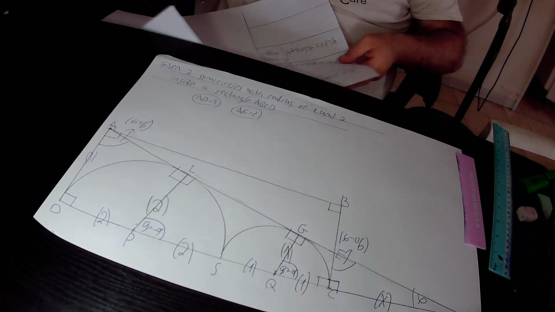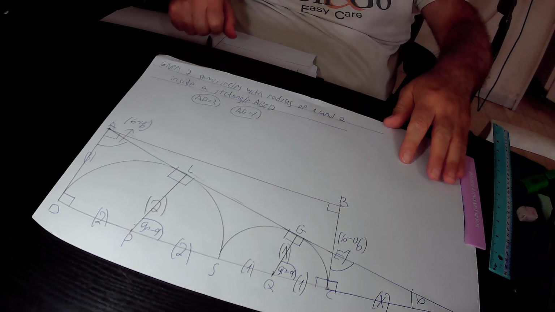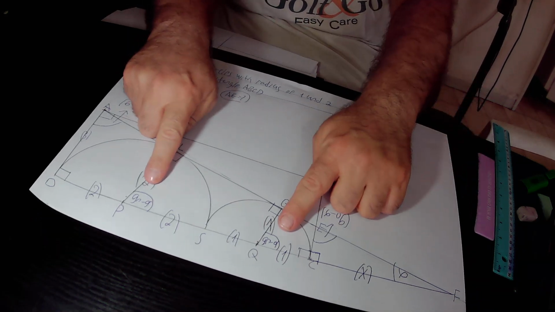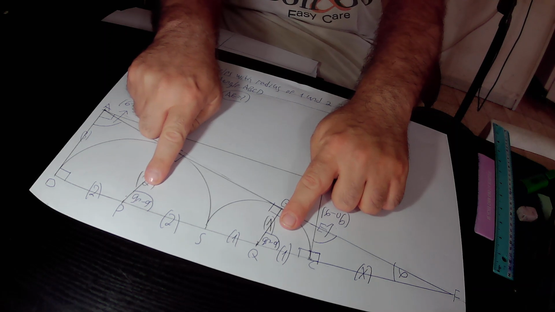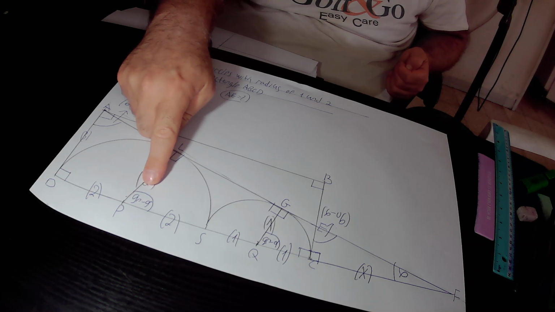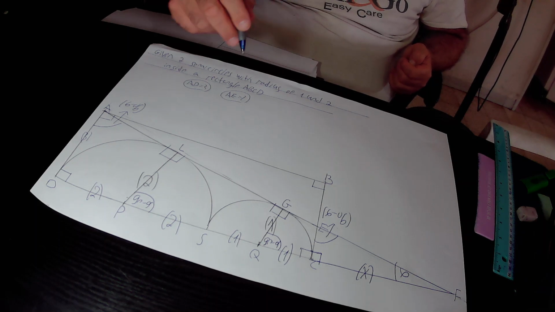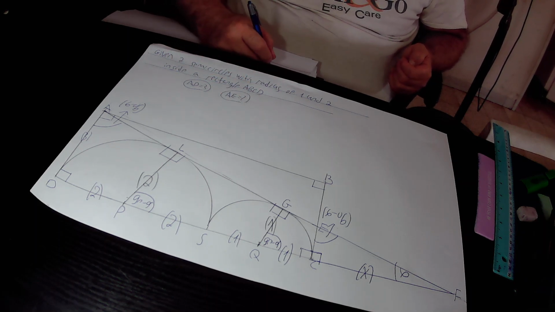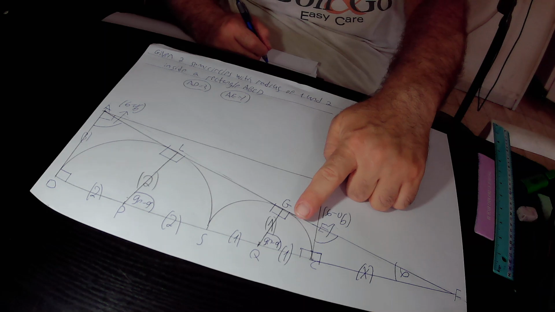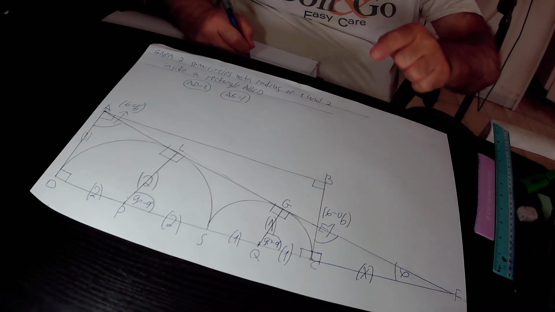And finally, those two angles, they are both equal to 90 degrees minus alpha, therefore they are equal to each other. So actually, this is angle LPF in the big right triangle LFP, and it is equal to this angle, that is actually angle GQF in the small right triangle GFQ.